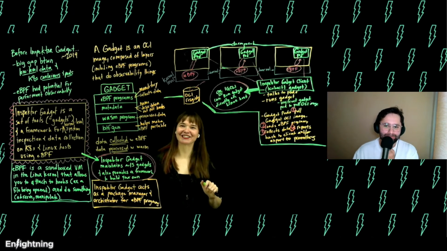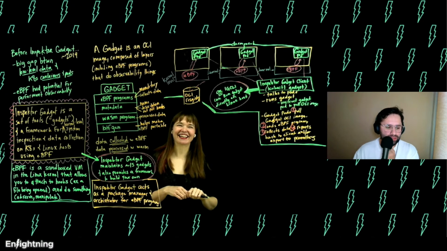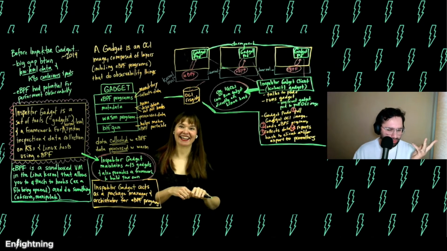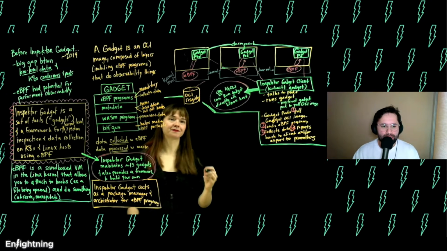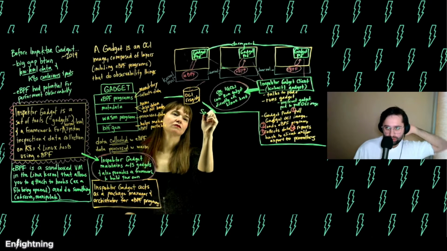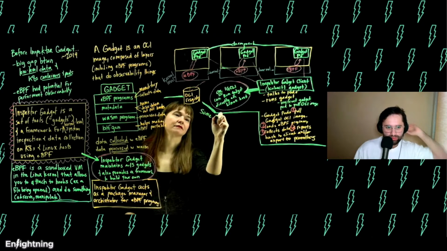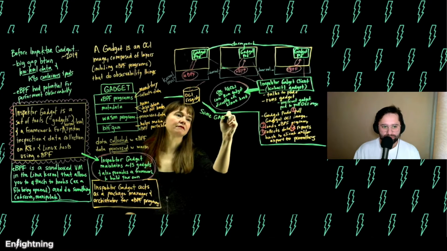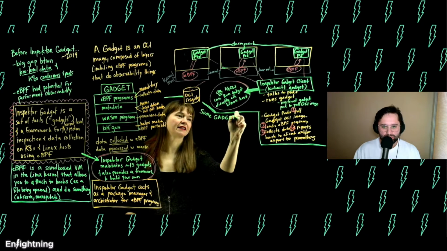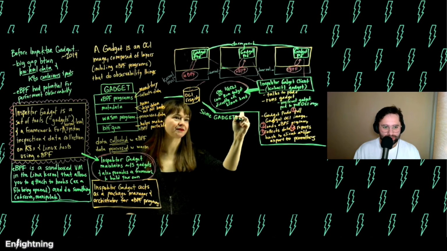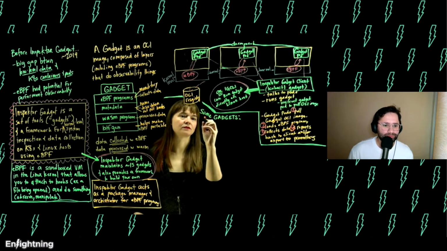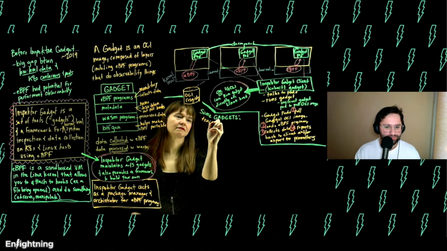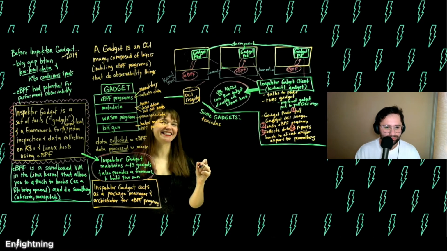I've learned so much. I think maybe we can quickly talk about some of the gadgets I told you about, like trace DNS. Maybe we can just list them. And then from there, maybe we can talk about how it works under the hood. Okay, so some gadgets. Trace DNS, that traces DNS.